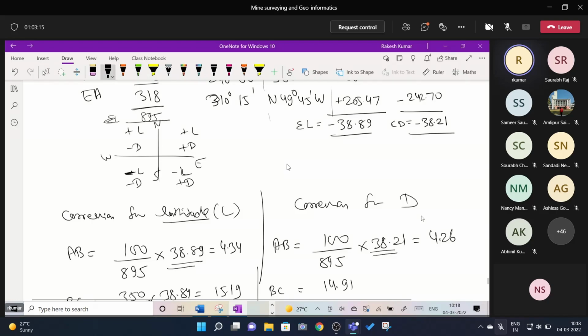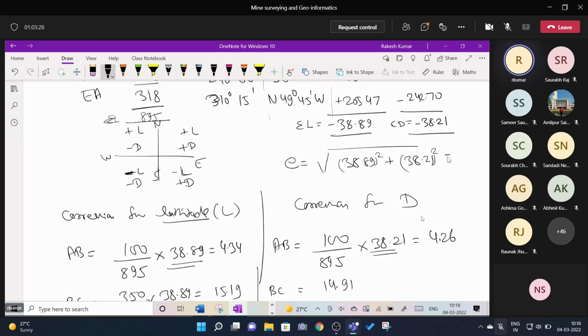So one question will be finished here. You want to find the closing error, E. You have to do the summation of this plus. So you will get around, just calculate it. How much are you getting here?